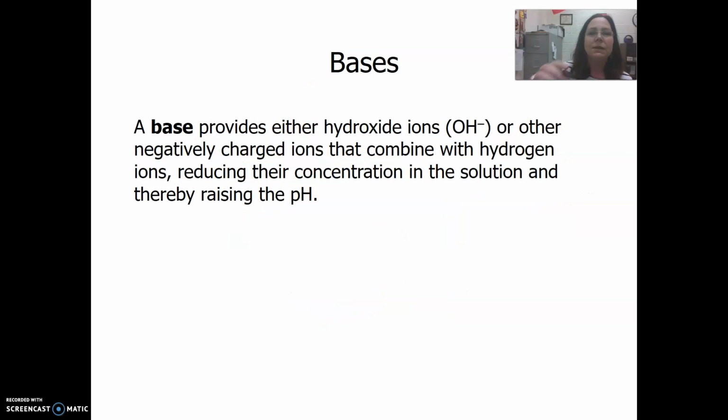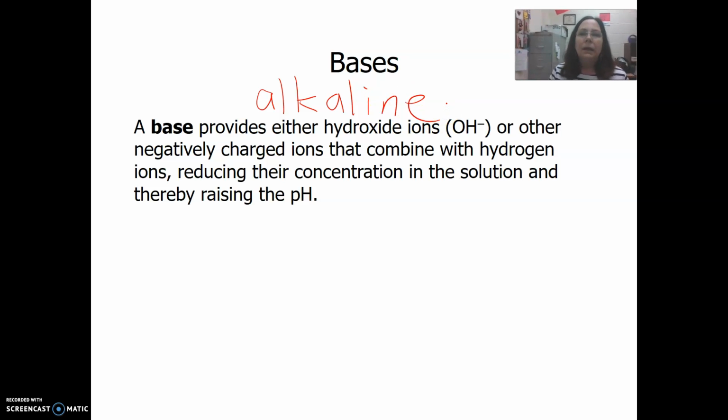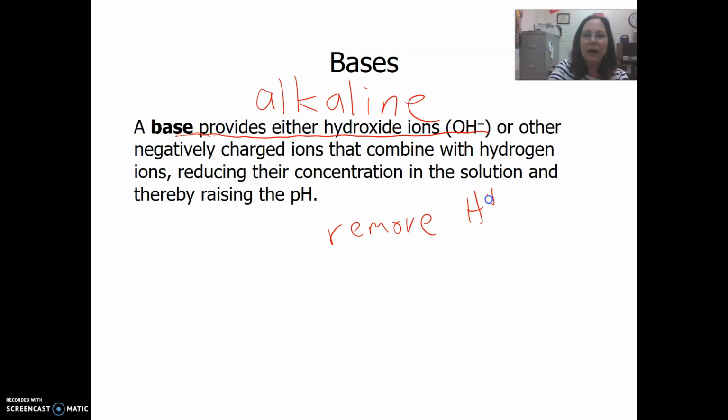Bases, which we also use the word alkaline, not acidic, but alkaline, either they donate hydroxide ions or they remove hydrogen ions. So I'm going to write it this way. They either donate hydroxide or they remove hydrogen.